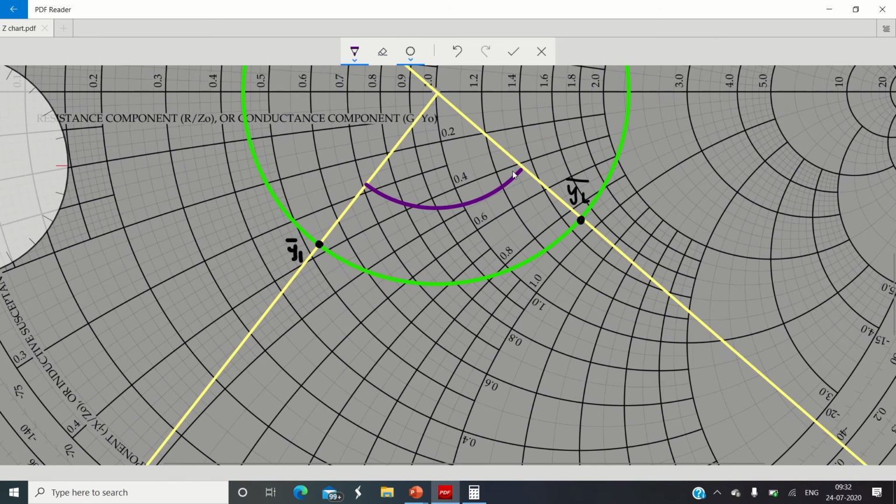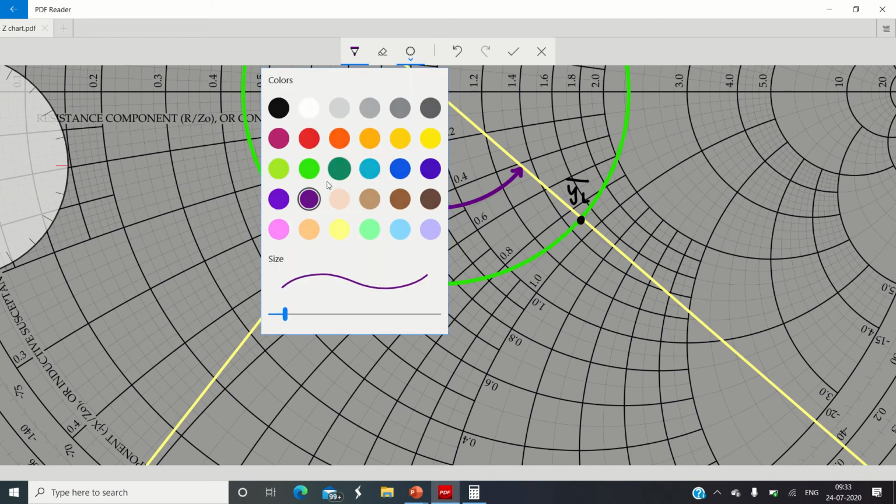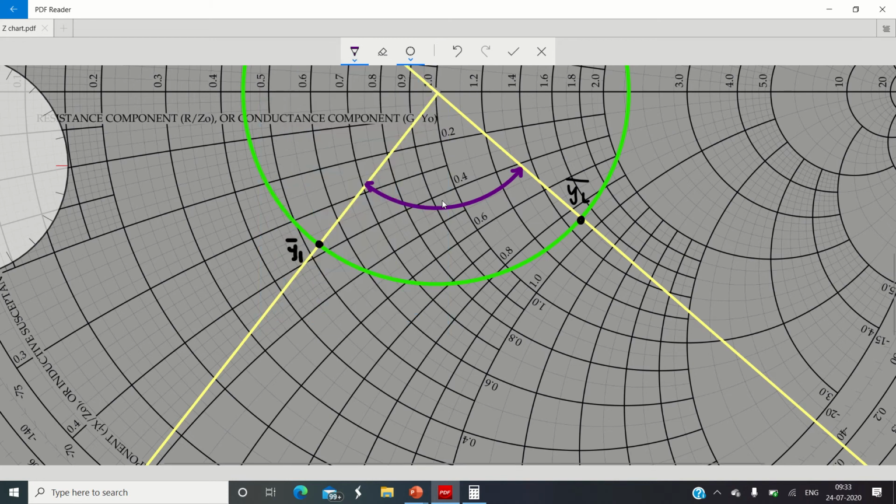Please remember this distance is 0.12 lambda. This distance I will write here, 0.12 lambda. So YL is the position of the load. From the load, the first stub, which is located at point number 1, is separated by 0.12 lambda.